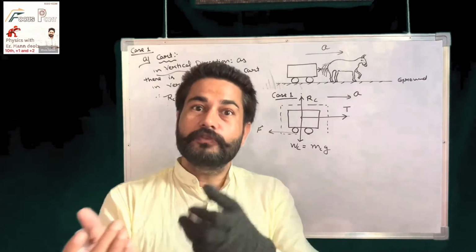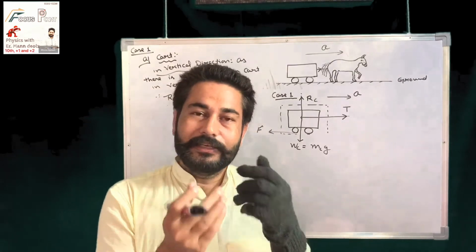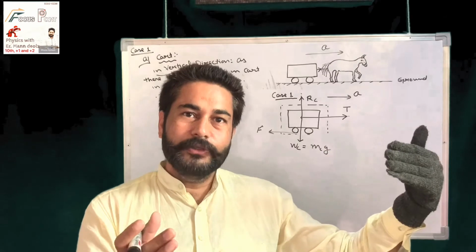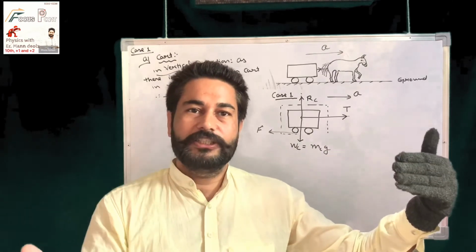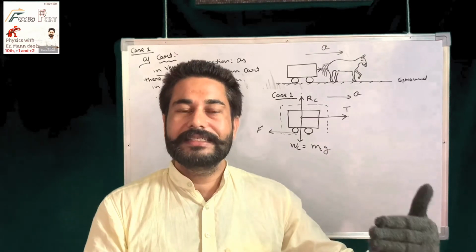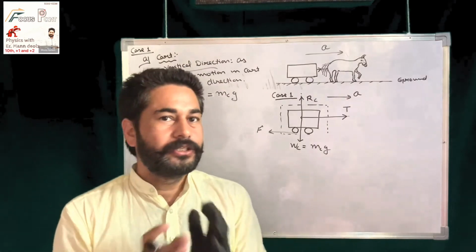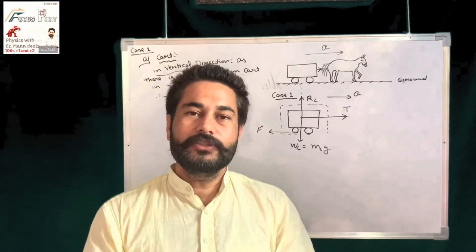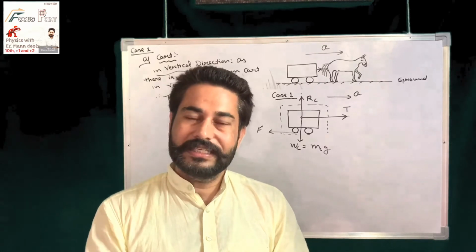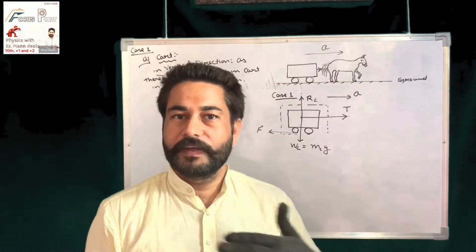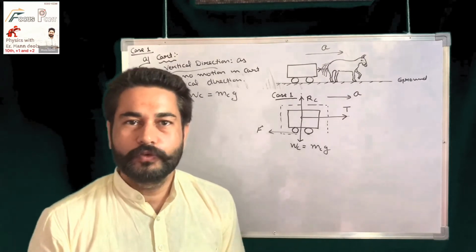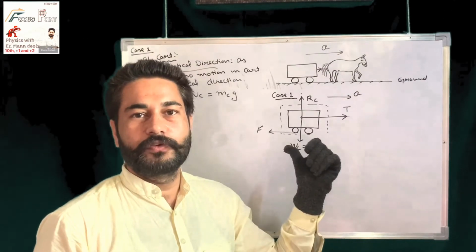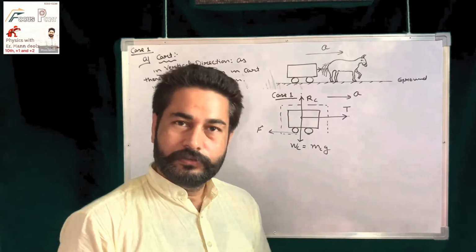Then you increase your force more strongly, then one limit will come when the force applied by you will be equal to the friction force. At this time also, as the forces are balanced, the cart will not move. Now if you increase your force beyond this limit, then the cart will start moving in the direction in which you apply the force. It means tension should be greater than the friction force to move the cart in the forward direction.